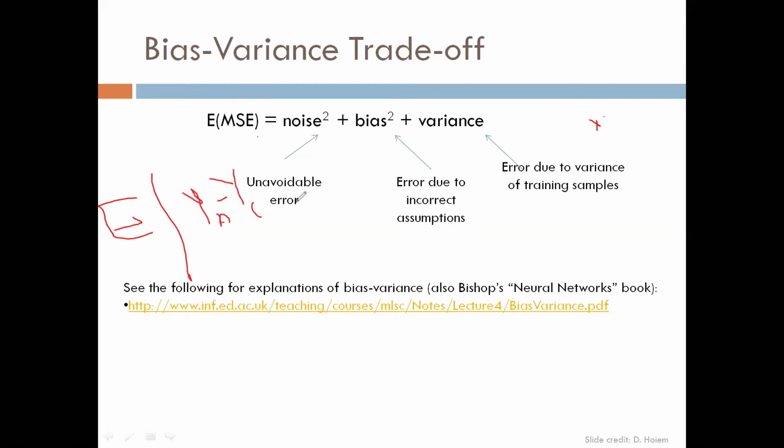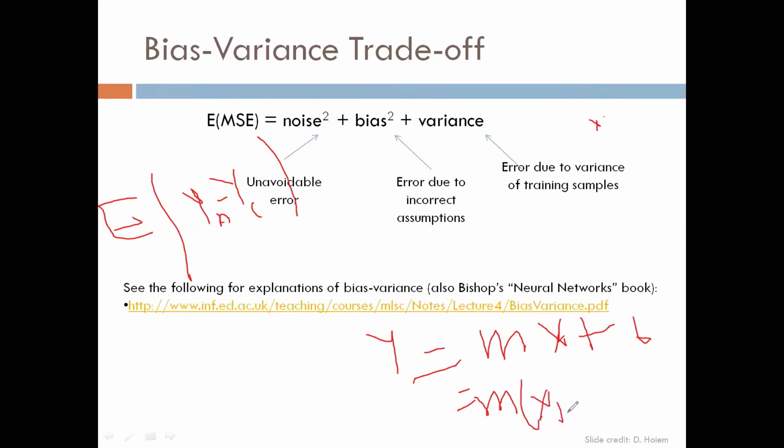Okay, and y equal to mx plus c, but this is not the actual x. Your noise will be on the initial data point. I'm considering x, coming x plus c, y equal to mx plus c, and this x is coming with some noise. It is not the original x. So this is x1 plus some epsilon, where epsilon is the noise.